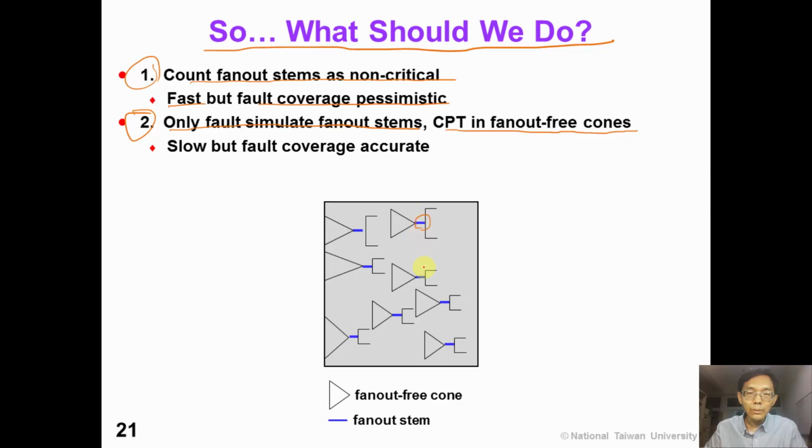We can perform fault simulation on the fanout stems, and the triangle represents a fanout-free cone. We can perform CPT inside this fanout-free cone. Of course, this solution is slower than solution number one, but the fault coverage can be more accurate.